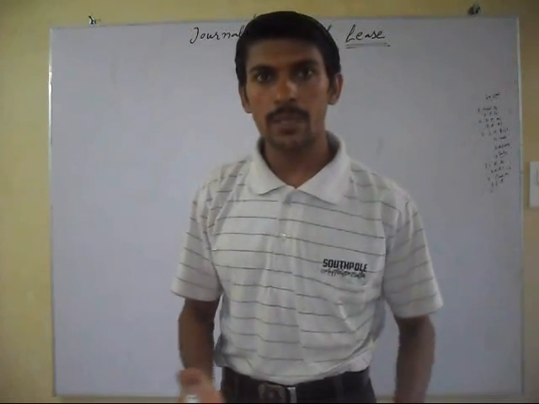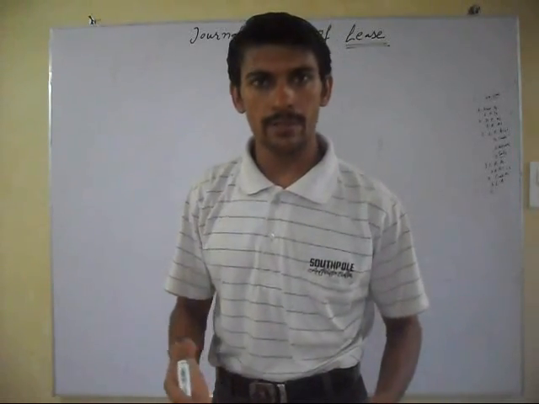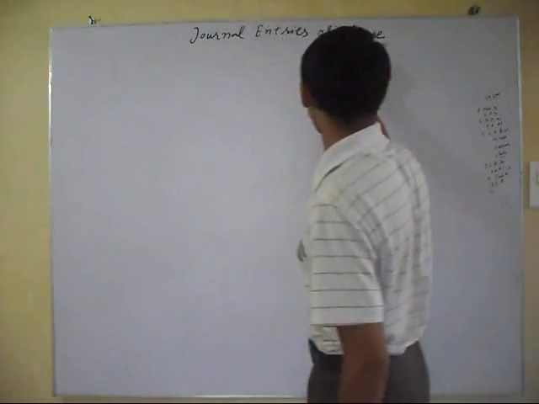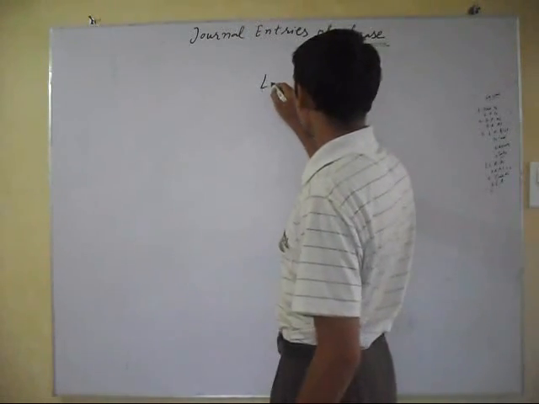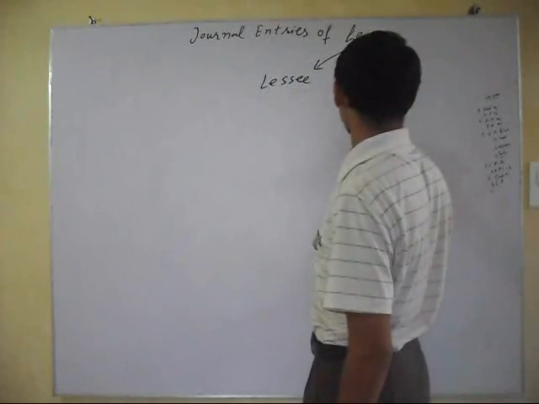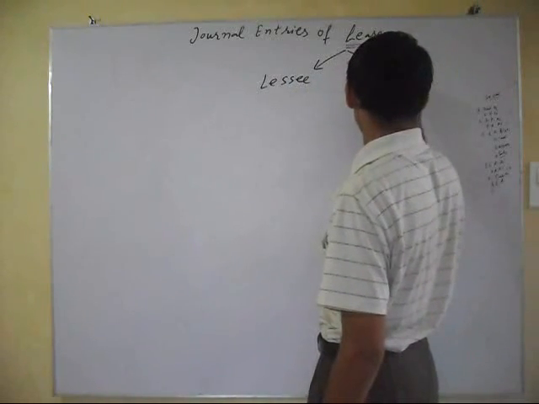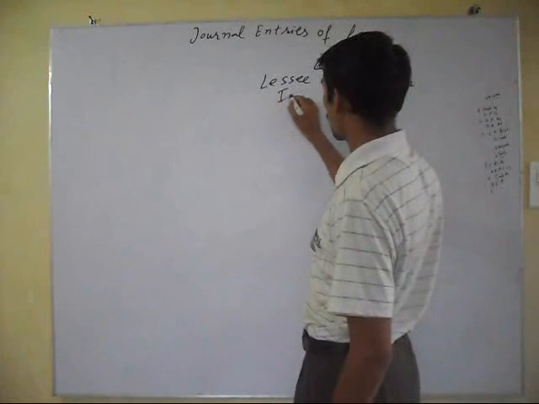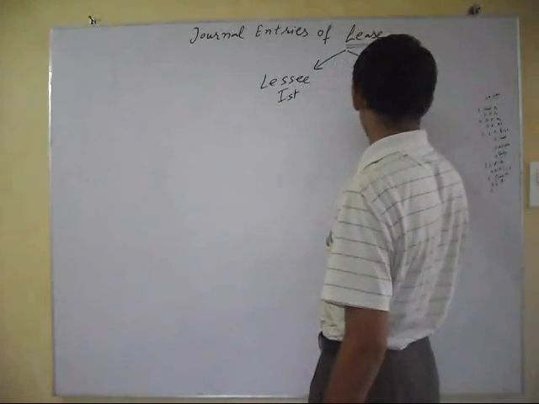Lease is the agreement between two parties. One is lessee and the other is lessor. This is the first party and this is the second party.